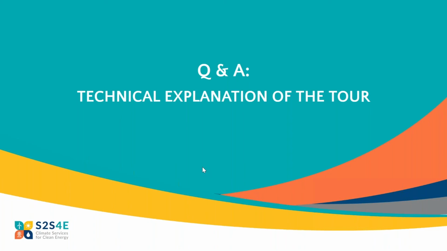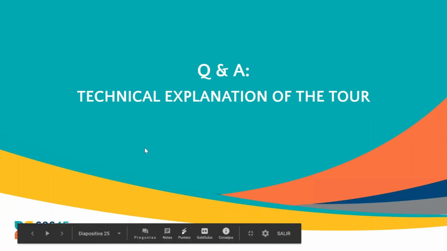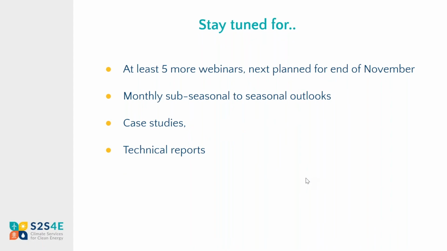So that's yes. Right now we are finishing the time, so we will move forward to the wrap up and finalizing the presentation. Okay, so just for the audience information, this has been the first webinar of a series of webinars, and at least 5 more webinars are planned in the program.